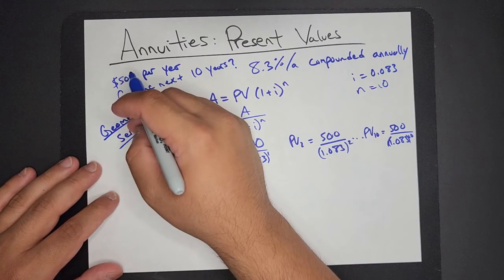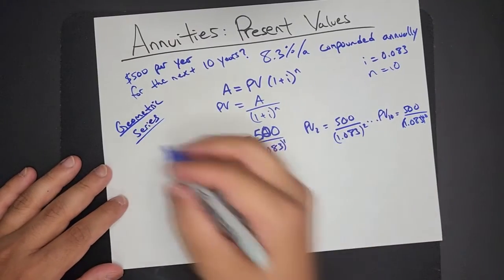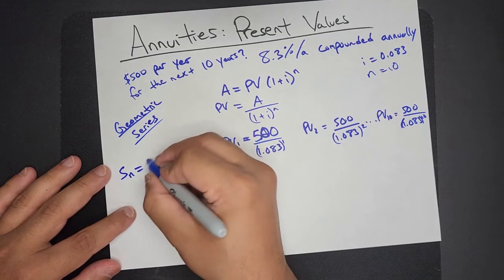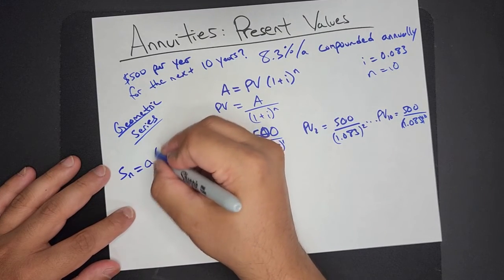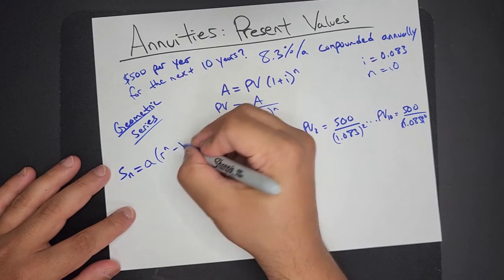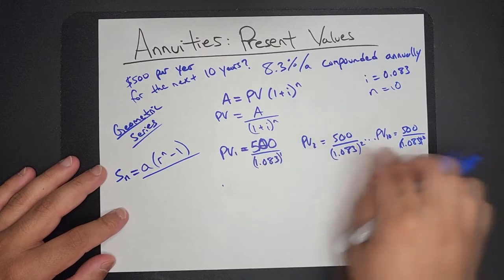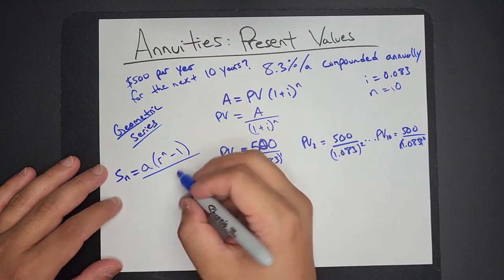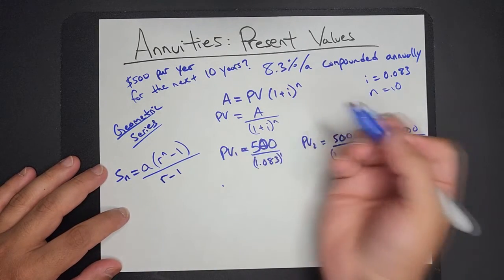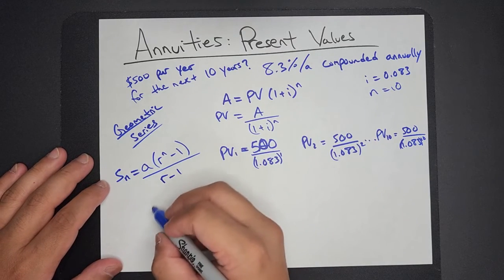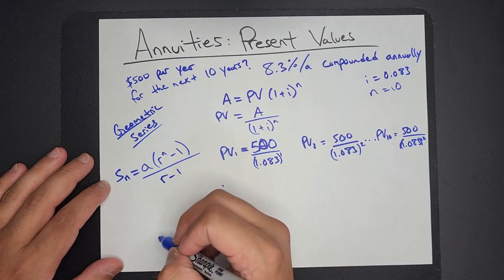So let's just skip right into the good stuff and just use our geometric series. I was going to sneak my way into the geometric series, but I guess you saw right through that.